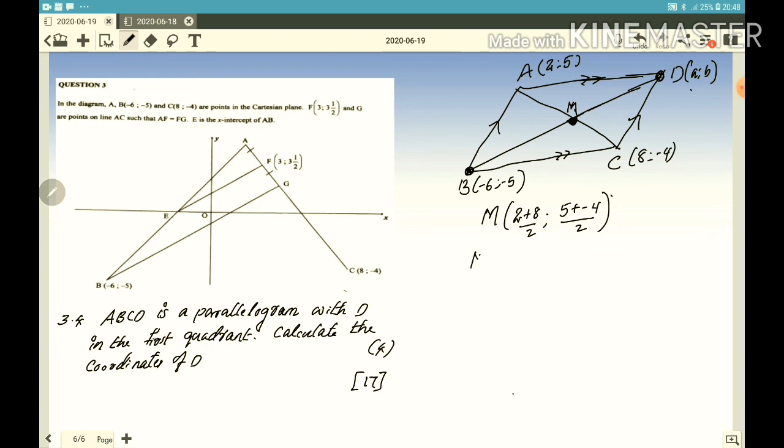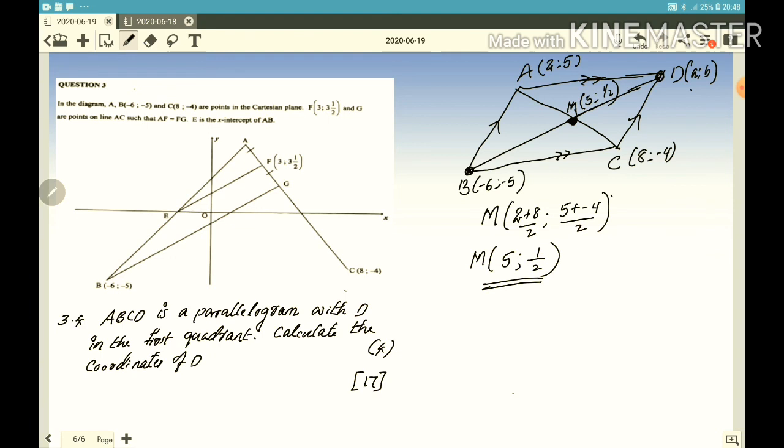That is M, X value is 2 plus 8, 10 by 2, that is 5. Then Y value 5 plus minus 4 is 1 by 2. See, we got the midpoint of AC, which is the same as the midpoint of BD. That is a property of a parallelogram. So M, we got it, that is 5, then half.